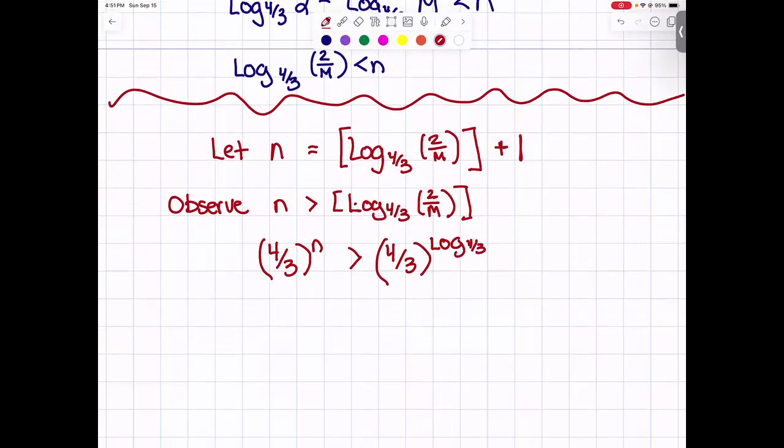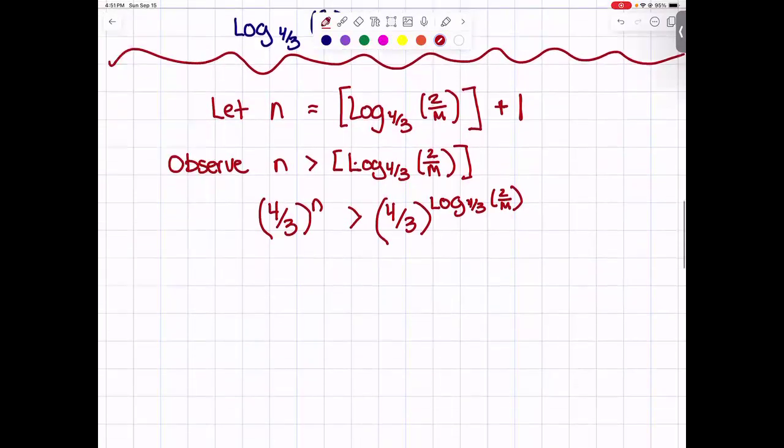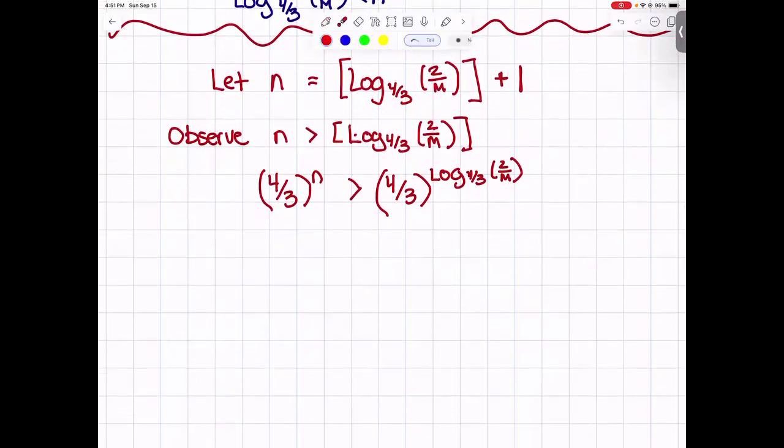And again, if you remember your log rules and what actually this means, well, we have the same base as the log up here.